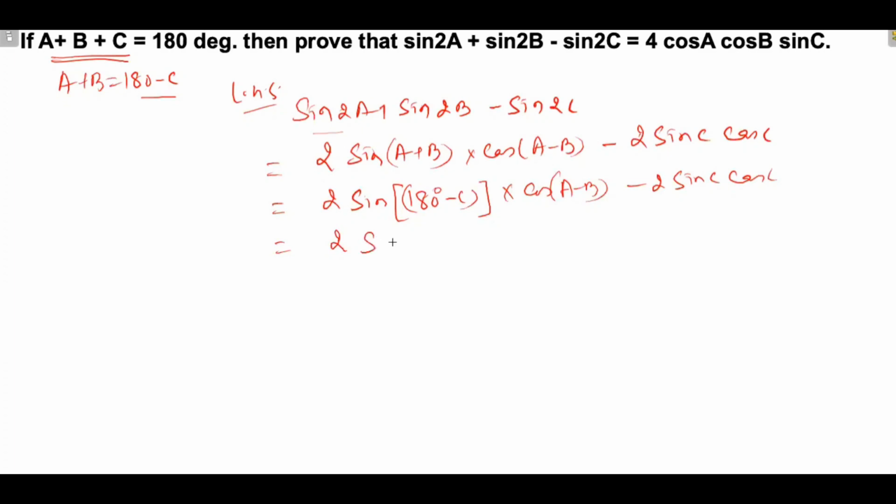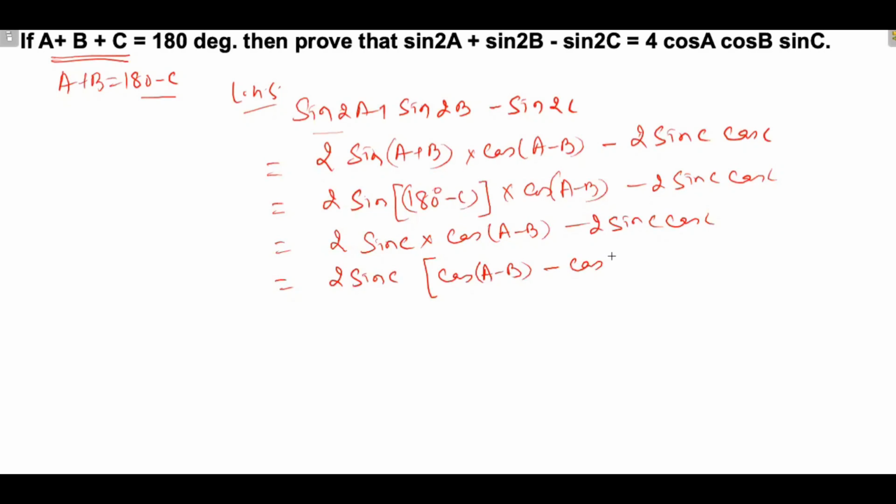Yeah, sin C, and into cos (A minus B) and minus 2 sin C cos C. Now you can see that I can take 2 sin C common. So what I'm left with is cos (A minus B) minus cos C.